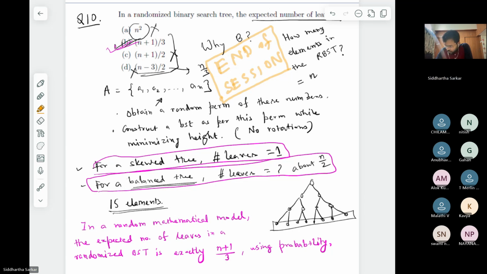Okay. So you know the runtime of the randomized quicksort. Okay, that is great.